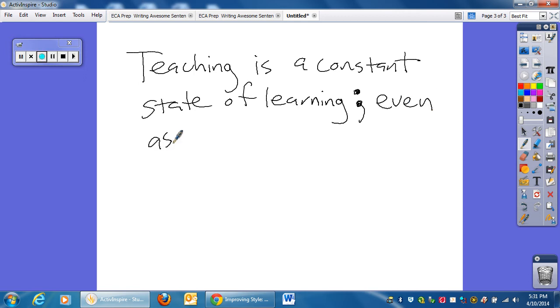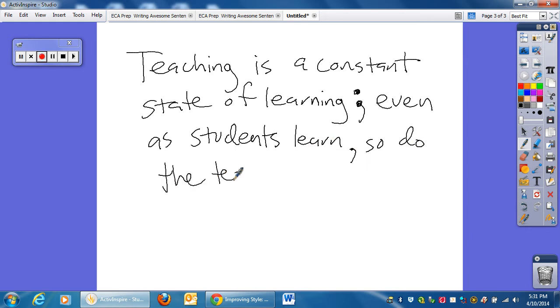Even as students learn, so do the teachers. In this case, we look at this and we go, okay, we have a sentence.